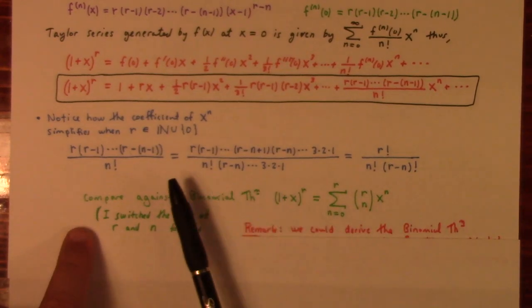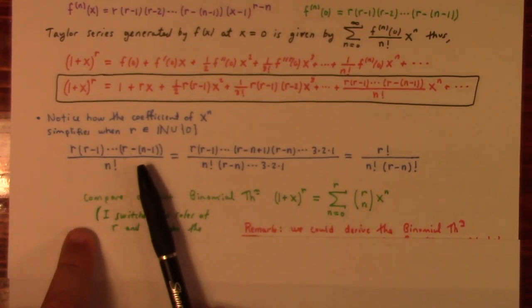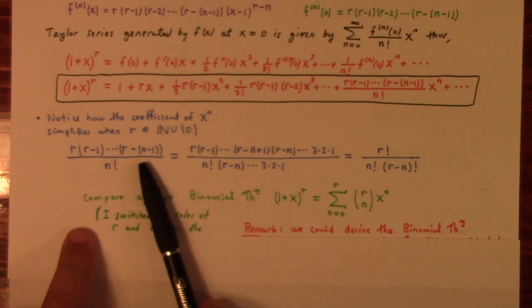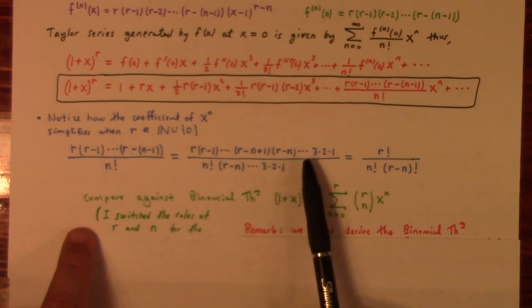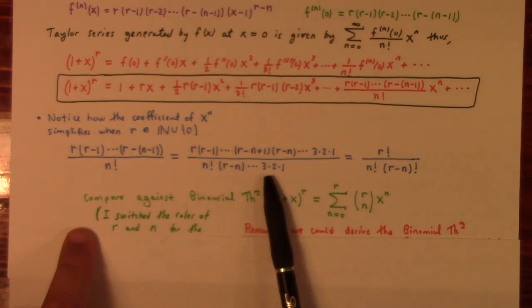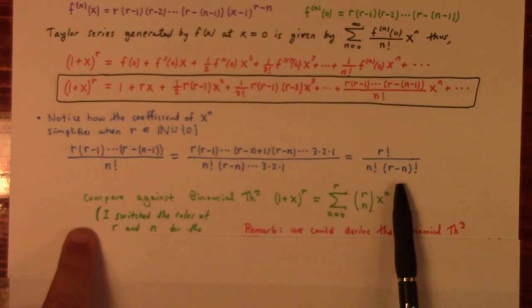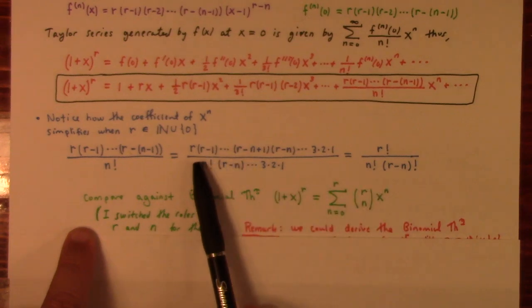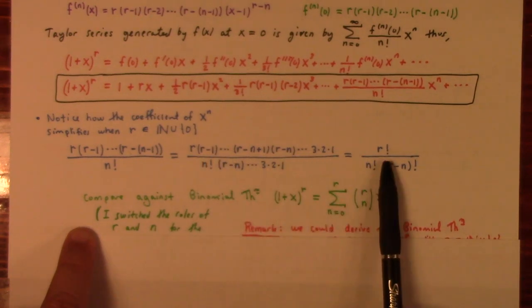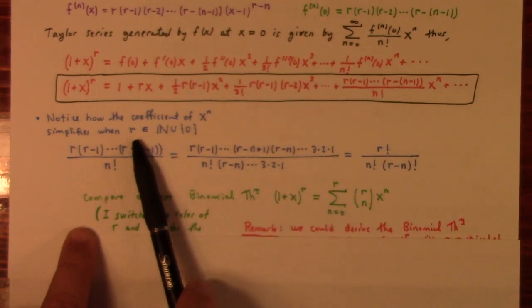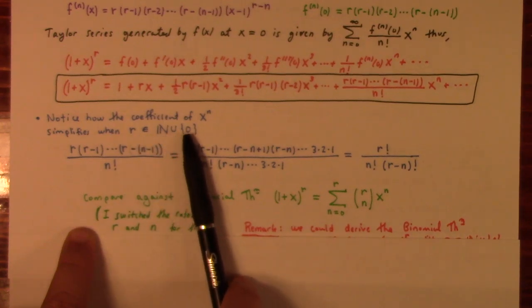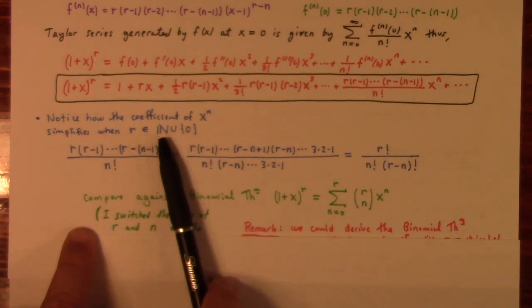And if you just keep going and multiply by (r minus n) all the way on to 3 times 2 times 1, and likewise add that down here, well, that's (r minus n) factorial. And upstairs, we've completed this to be r factorial. Now, I'm assuming that r is a natural number, a non-negative integer, rather.